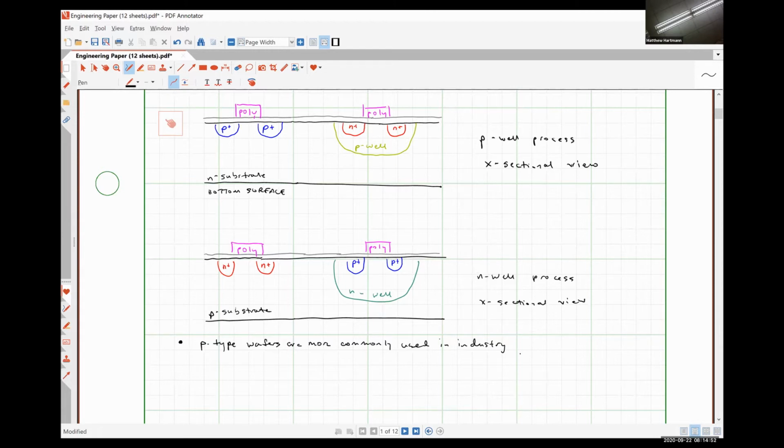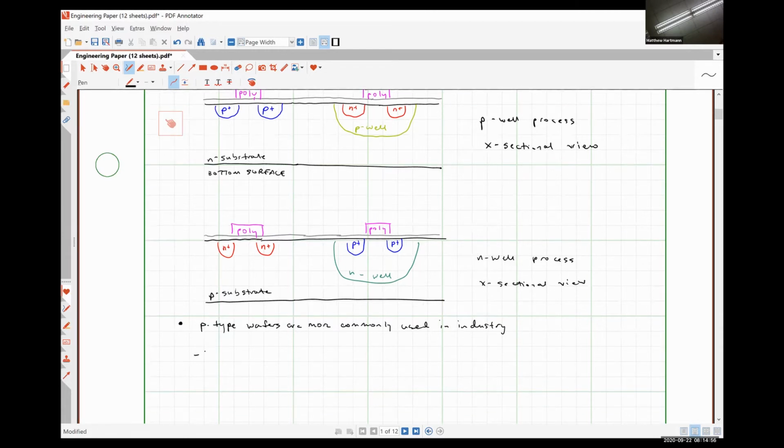So as I said a moment ago, in a P-type substrate, NMOS transistors are fabricated directly in the substrate, and PMOS transistors are fabricated in an N well.